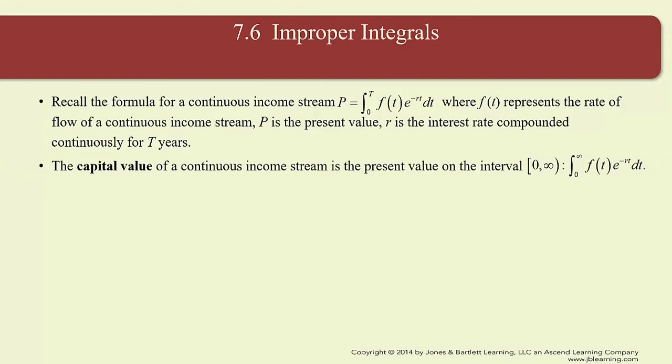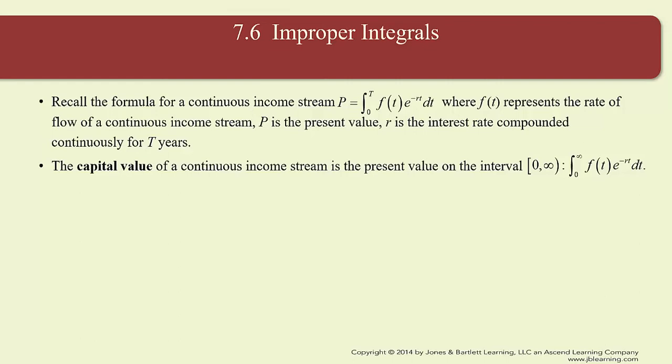This thing called capital value of a continuous income stream is nothing more than the present value on the interval 0 to infinity. So in other words, we integrate 0 to infinity f of t e to the negative rt dt, and that gives us what is called the capital value.